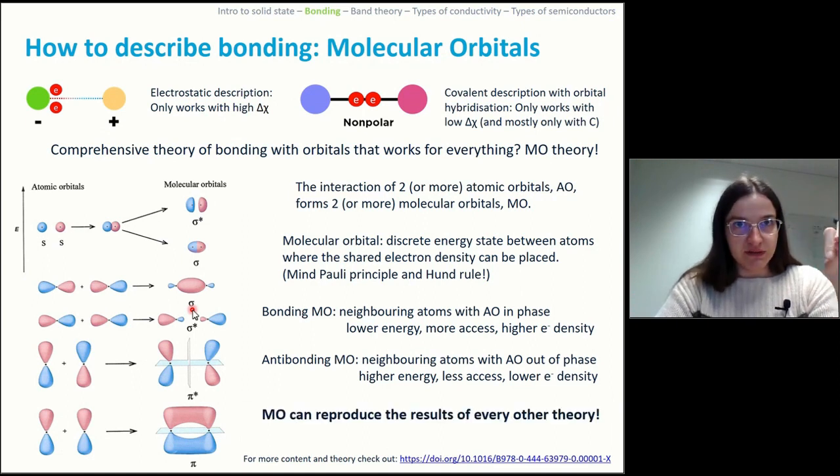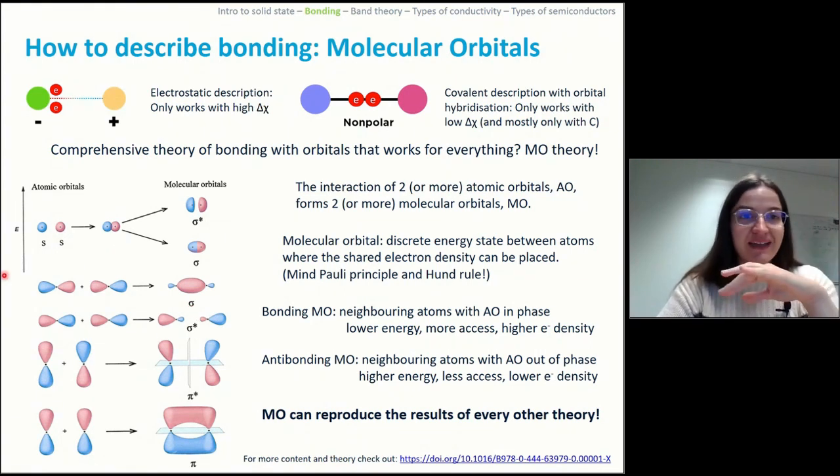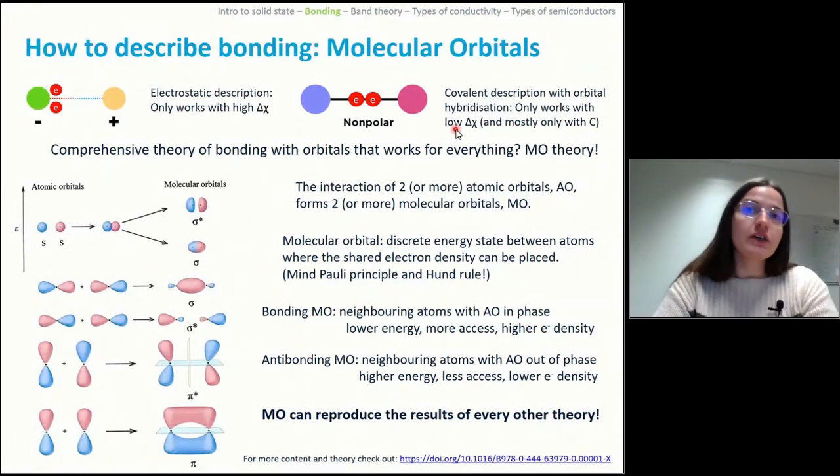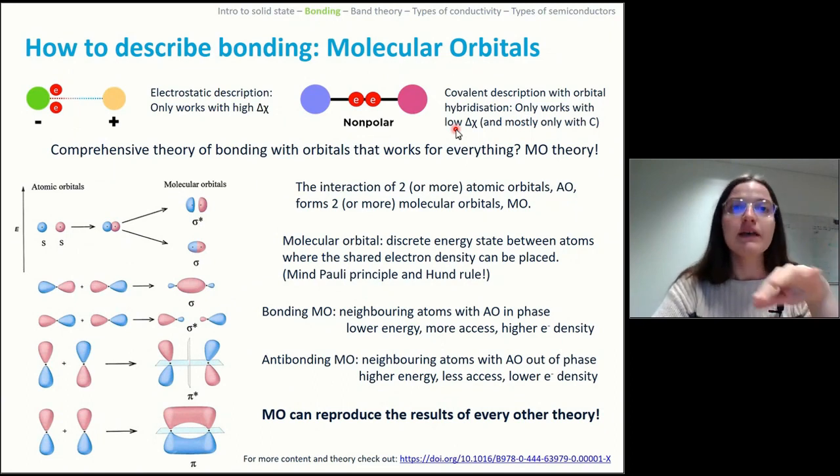When you treat your atoms with the molecular orbital theory, you can reconstruct any type of bonding. It will just work. It doesn't matter if you were like, oh, but this thing was a bit more ionic, this thing was a bit more covalent. Molecular orbitals will work.